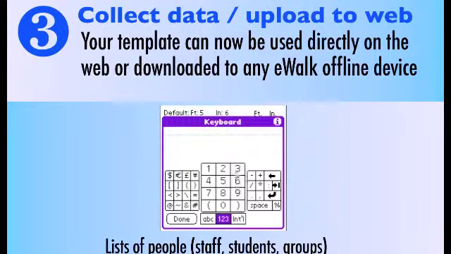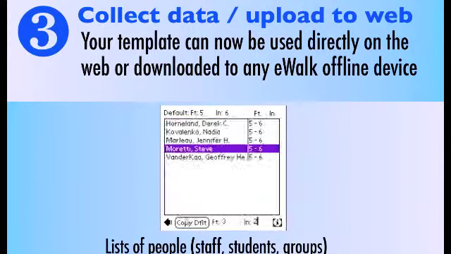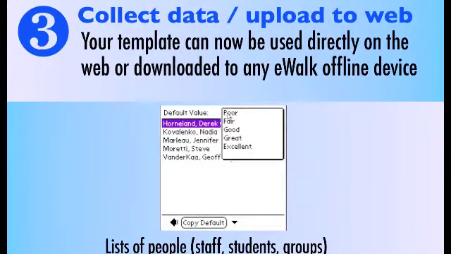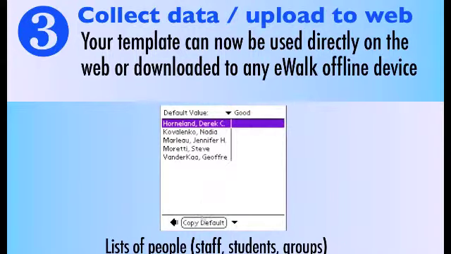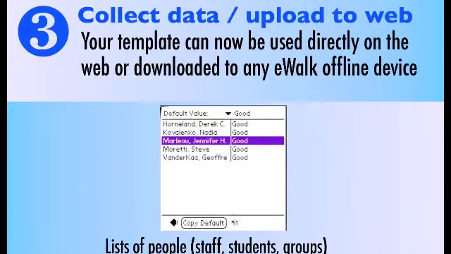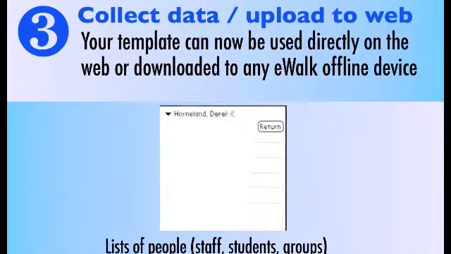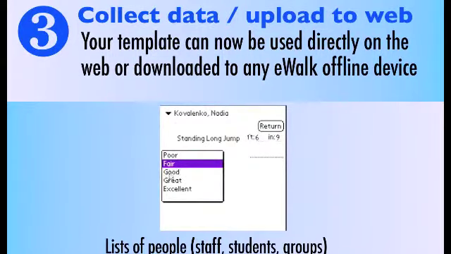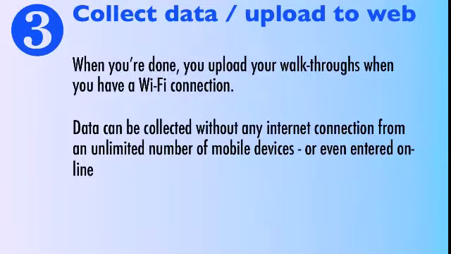You can make drop lists, again using a default value. You can also enter a set of criteria for one individual. Once you're done, you upload to the web when it's convenient to do so.